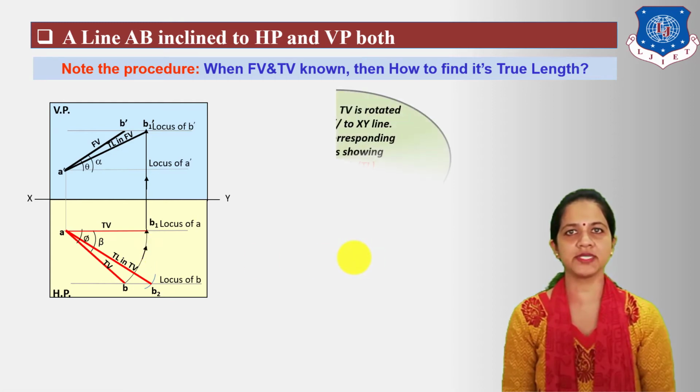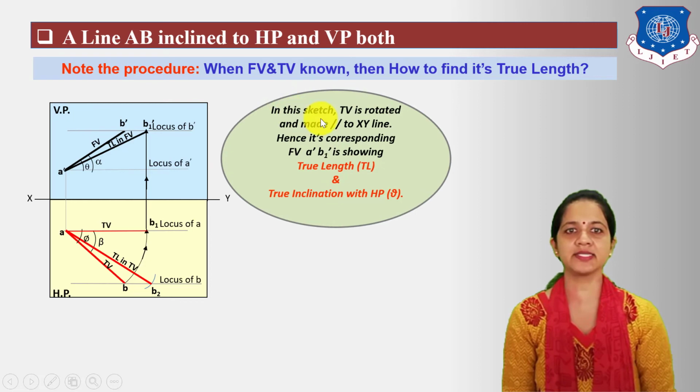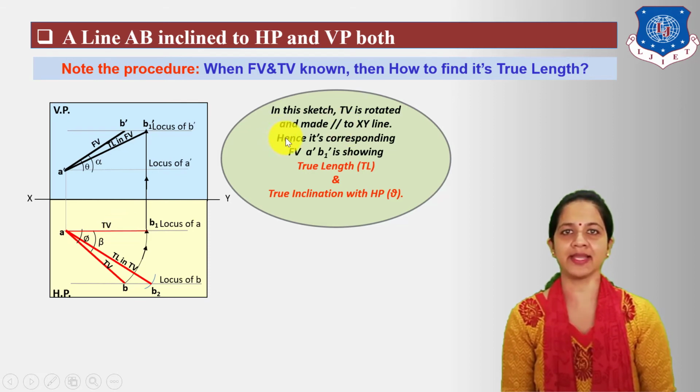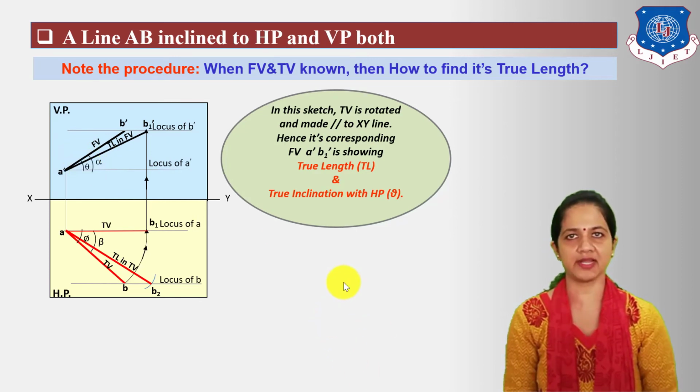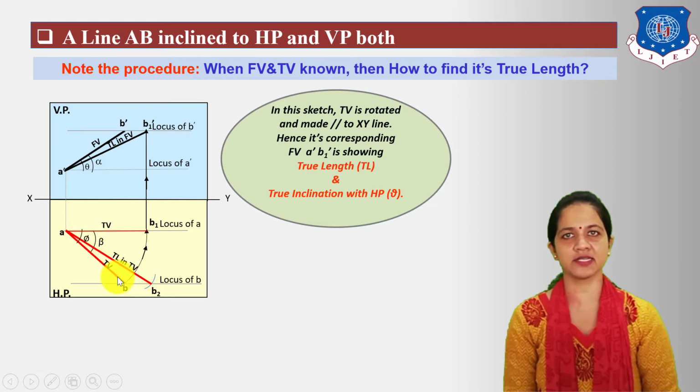Now the conclusion of this drawing procedure is that in this sketch the top view is rotated and made parallel to the XY line. Hence its corresponding front view A dash B1 dash shows the true length and true inclination theta with HP. Similarly, by rotating the front view and making it parallel to XY, we can find its corresponding true length in the top view.